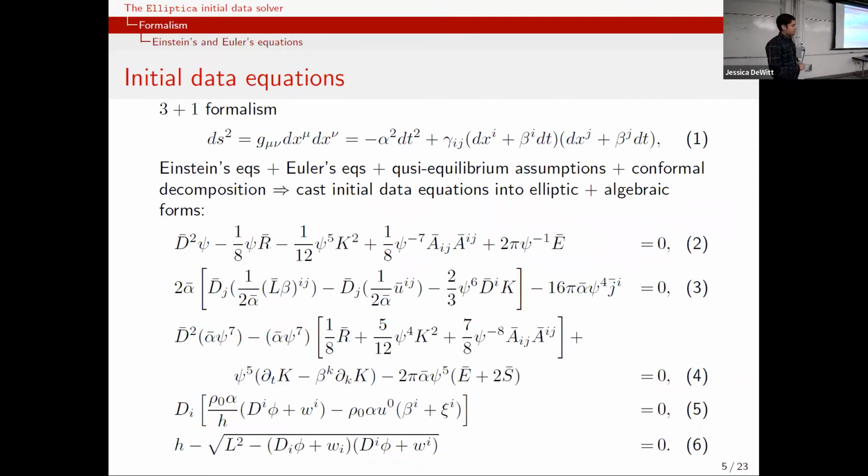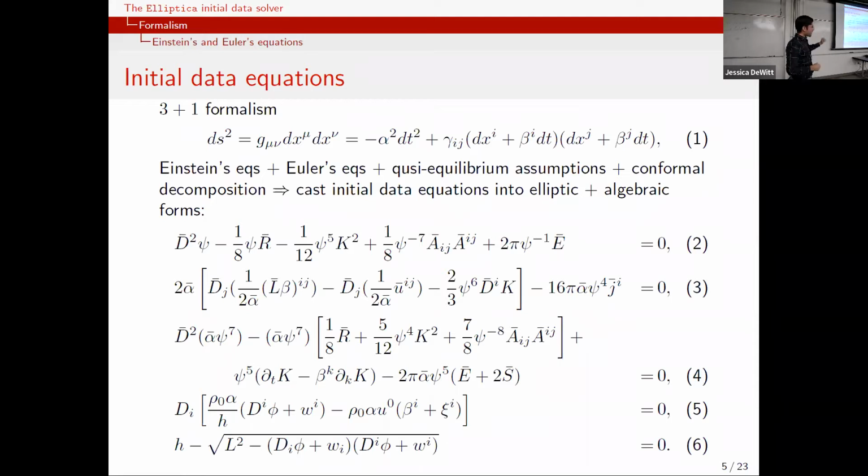All right, what equations are we solving here? Just real quick, in the context of the 3+1 formalism, we take the metric in that particular form and project the Einstein equation, and using the conservation of the stress-energy tensor, we derive the Euler equation. Plus some quasi-equilibrium assumption and conformal decomposition, altogether we cast the initial data equations into elliptic and algebraic forms.